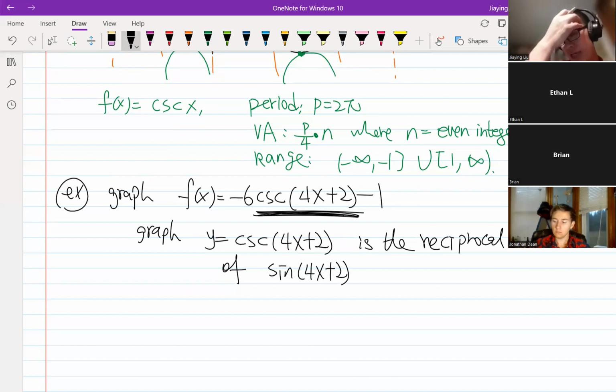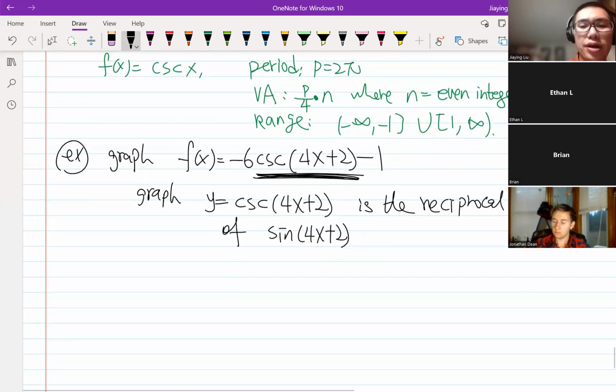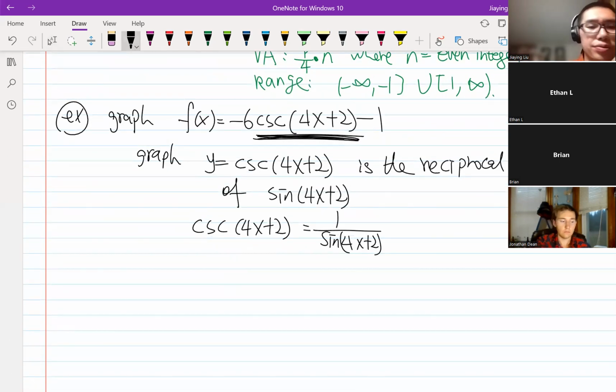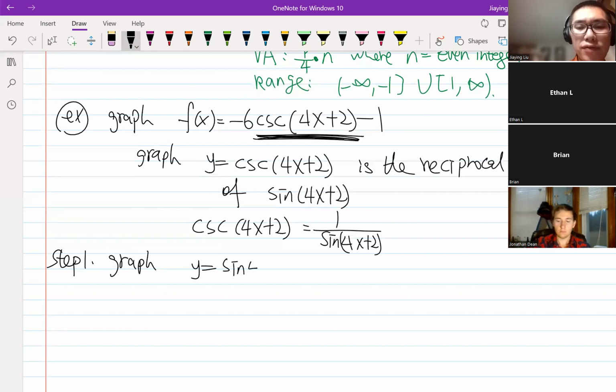Only this part; the -6 and the -1 are not really part of the reciprocal, because we know that cosecant 4x plus 2 is equal to 1 over sine 4x plus 2. So what we're going to do is graph y equals sine 4x plus 2 first.